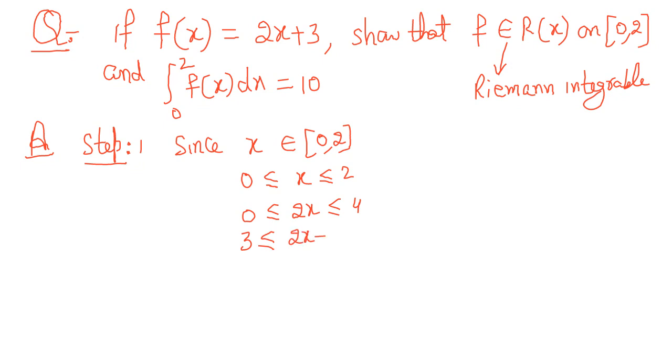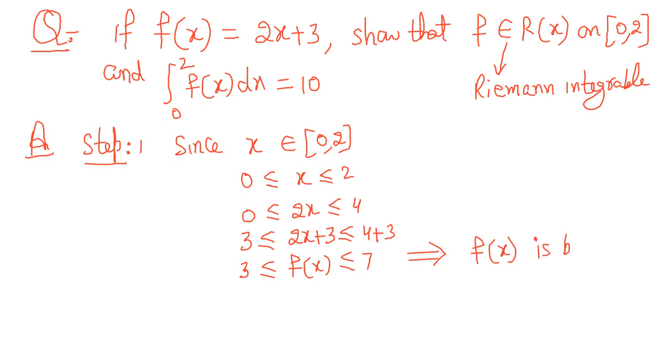So it means that the function is bounded, meaning you will show it is a bounded function. So f of x is a bounded function. First of all, we have to show it is a bounded function. This is step number 1, the first step to show it is a bounded function. Now, second step.